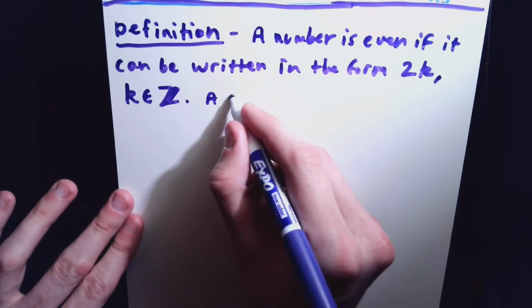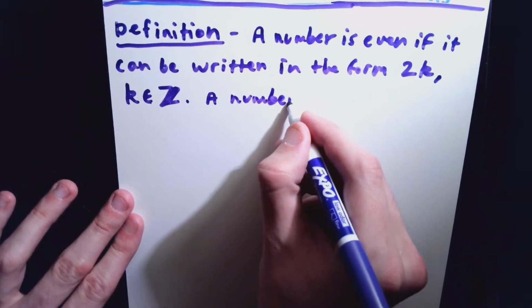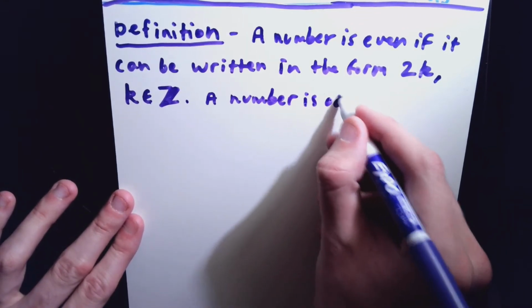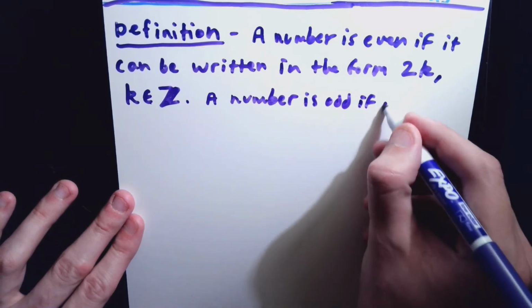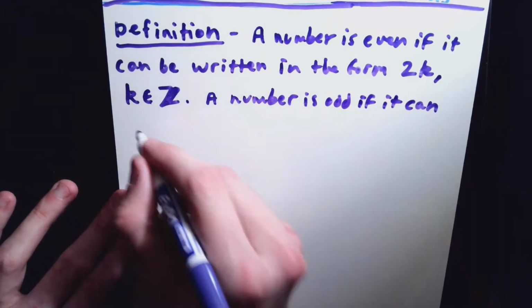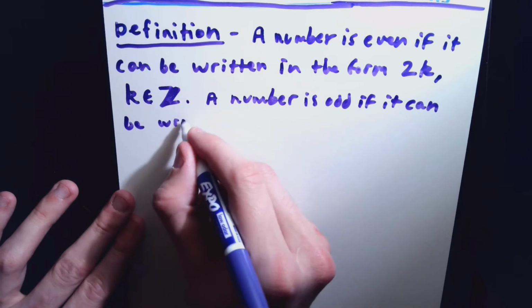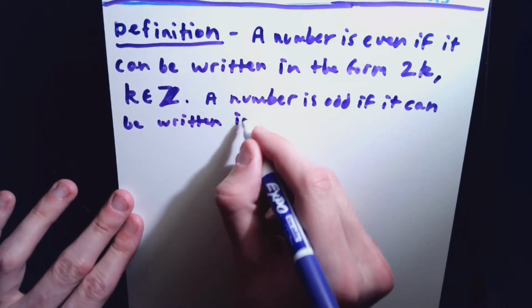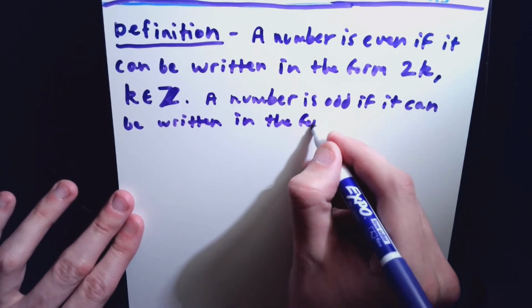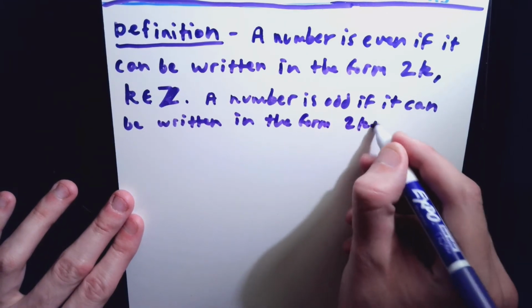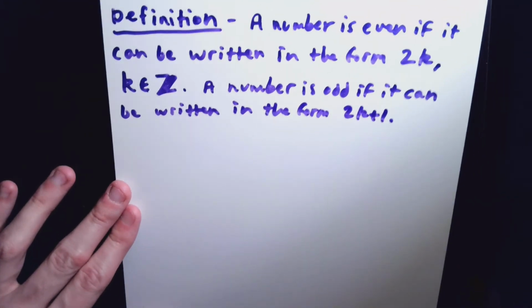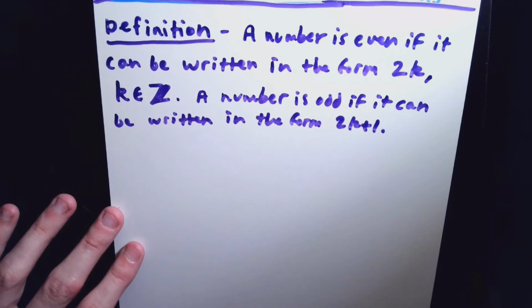A number is odd if it can be written in the form 2k plus 1. So let's think about this.